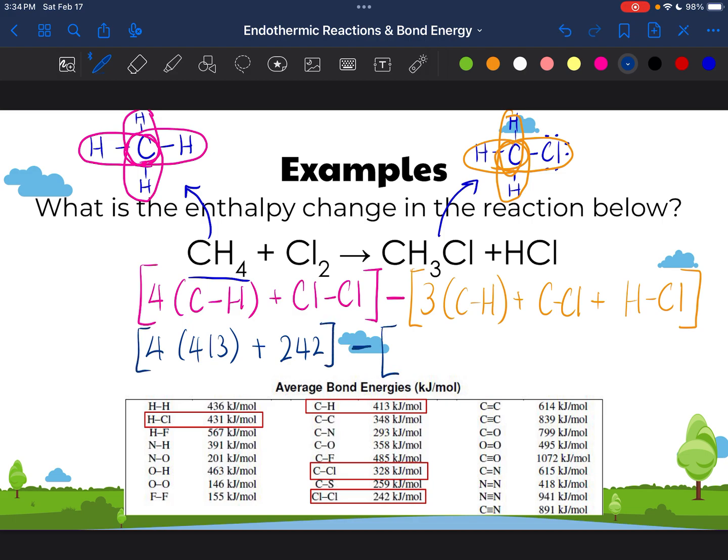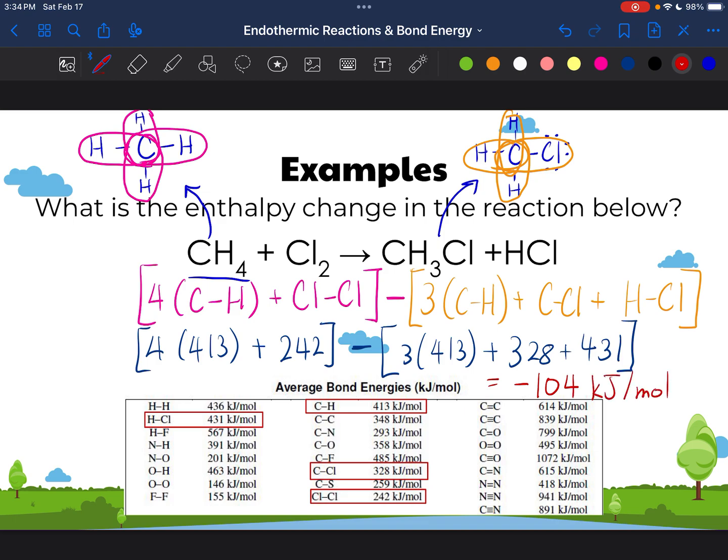Minus 3 times 413 plus 328 plus 432 for the HCl. And that will give us our final answer, which is negative 104 kilojoules per mole. And there you have it. That's your answer for this question.